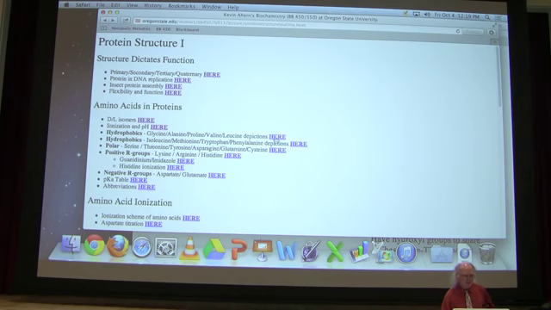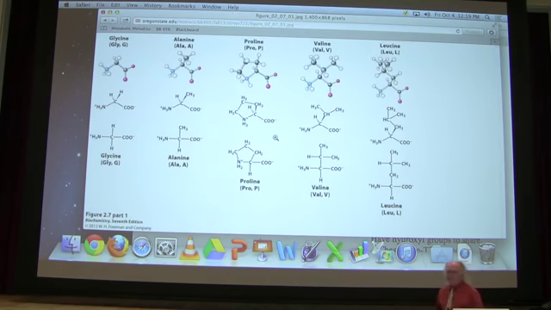Let's talk about structure. Structure of amino acids. Now, as you look in various books, you will see amino acids grouped slightly differently depending upon the author. In Stryer, I have adopted the rule that they have for theirs, and we're going to use that configuration that you see here.